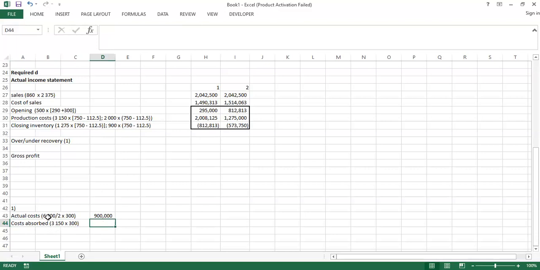As you can see, in terms of our actual costs, we incurred for a capacity of 3,000, but we absorbed 3,150 because we produced slightly more, so we expect to have more costs on that one. So this is going to be equal to 3,150. Let's do this again, right?